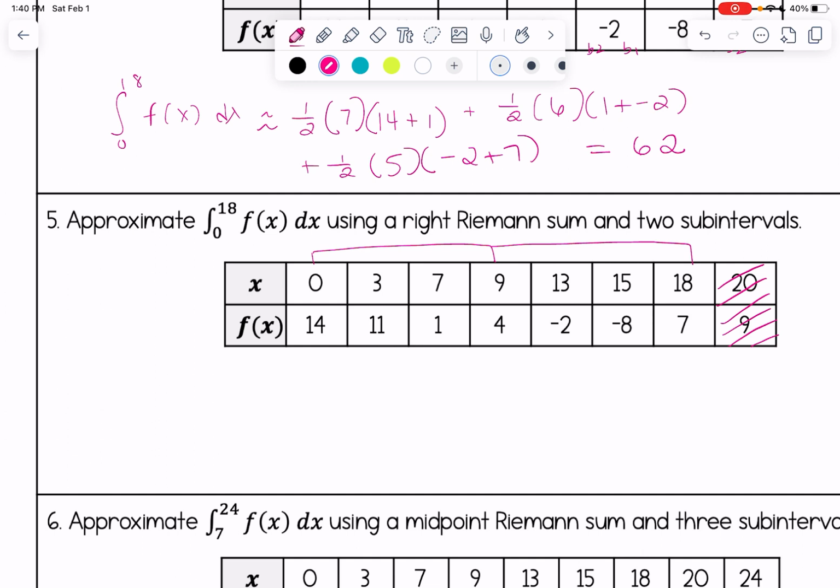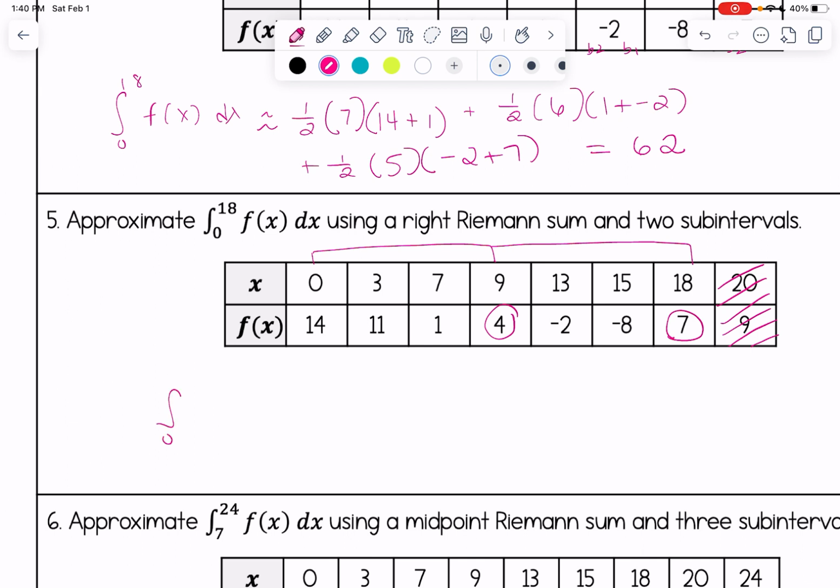When we're doing a right Riemann sum, we're going to pick the rightmost output for each interval. So for that first interval, 0 to 9, 9 is the right, and that corresponding output is 4. For the next interval that goes from 9 to 18, the rightmost point occurs at 18, and that output is 7.